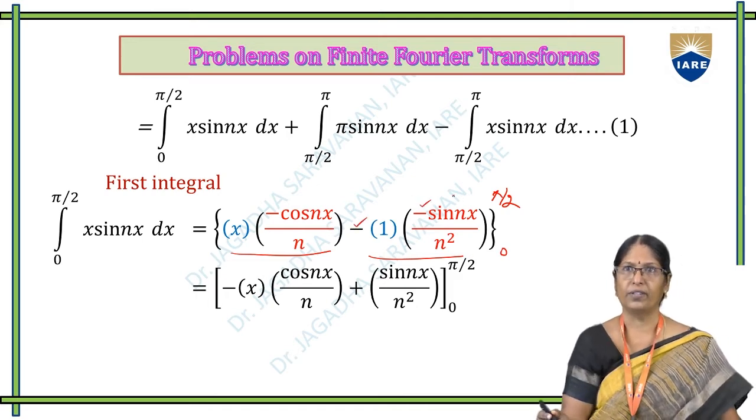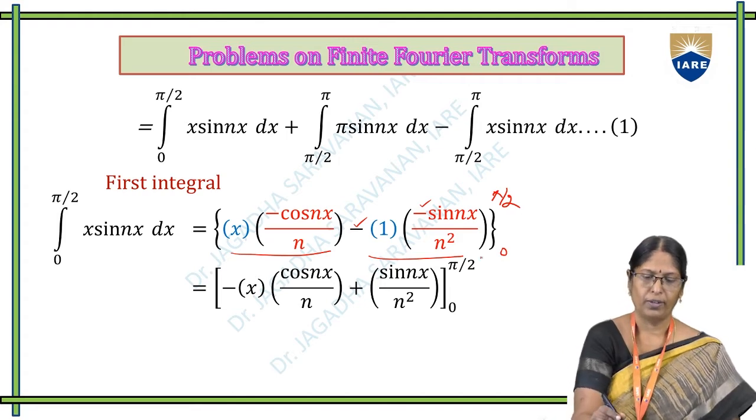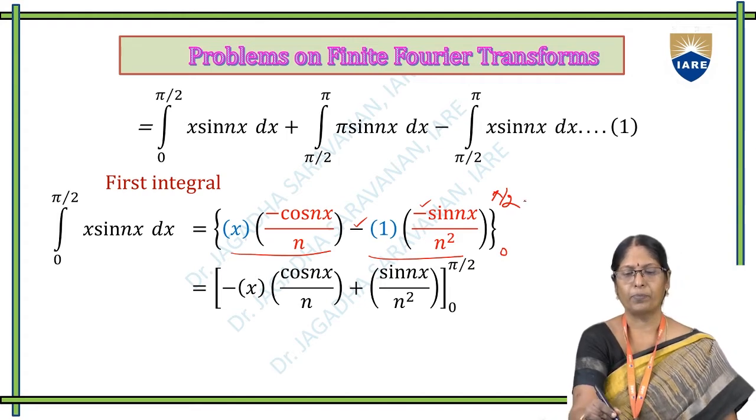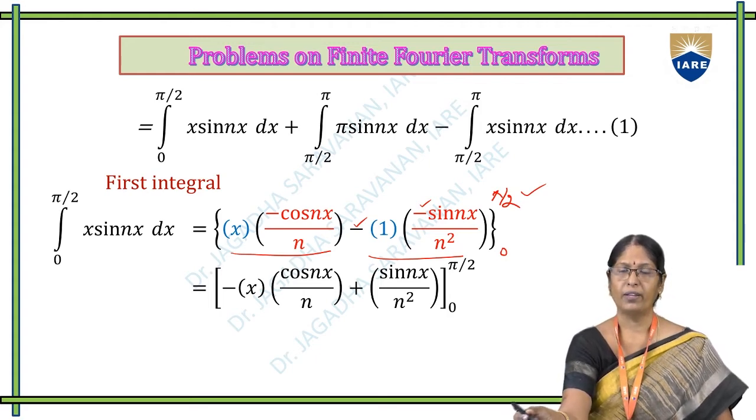Two signs are there. Before substituting, we can substitute the upper limit pi by 2 minus the lower limit value. But to avoid careless mistakes, we should not give room for committing errors.